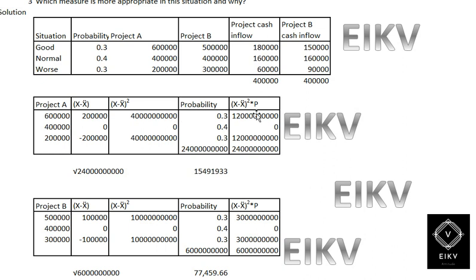After that x minus x bar we have computed. We need to take the square and multiply it by the probability and take the total, get the total as 24. When you take the square root we will get the standard deviation as 1 crore 54 lakh 91,921.